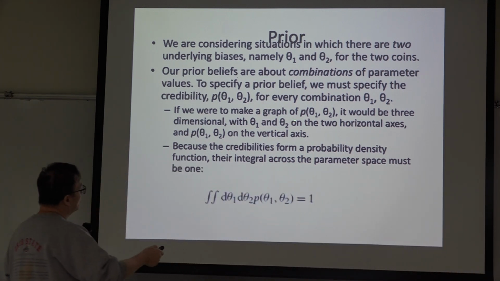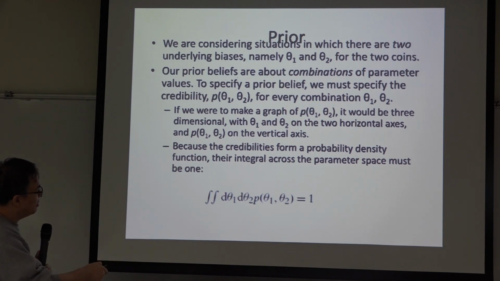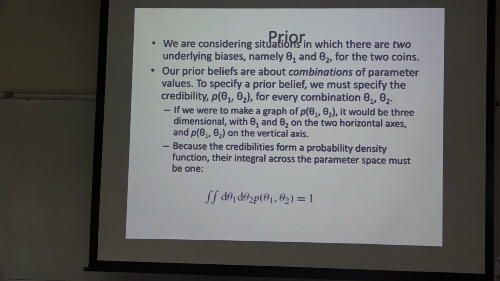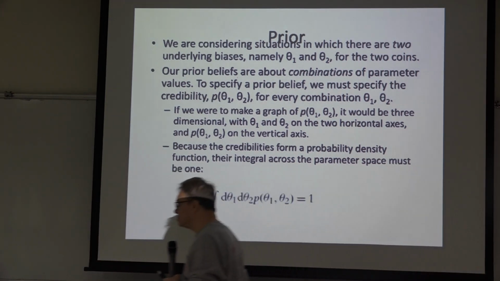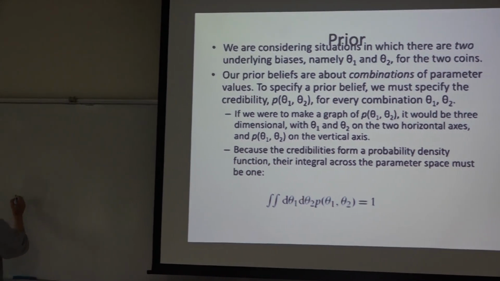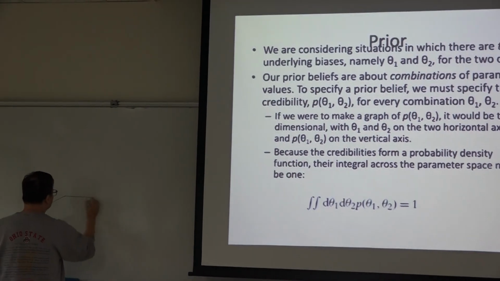If we were to make a graph of P(theta 1, theta 2), it will be 3-dimensional. Why? Because theta 1 and theta 2 will be on 2 horizontal axes, and P of theta 1, theta 2 will be on the vertical axis, right? It will be something like this.